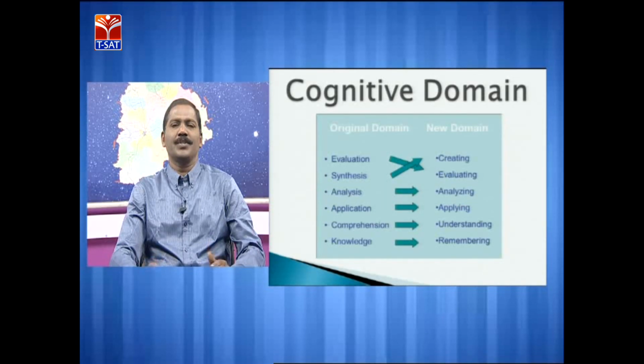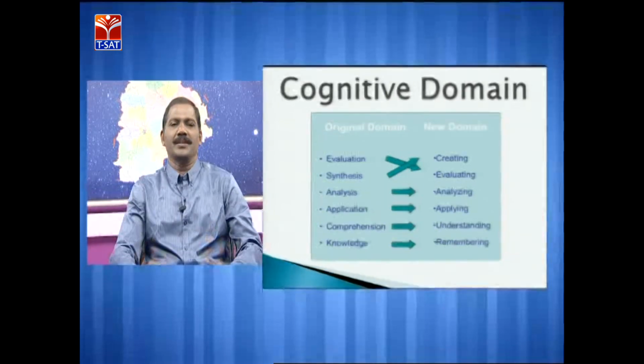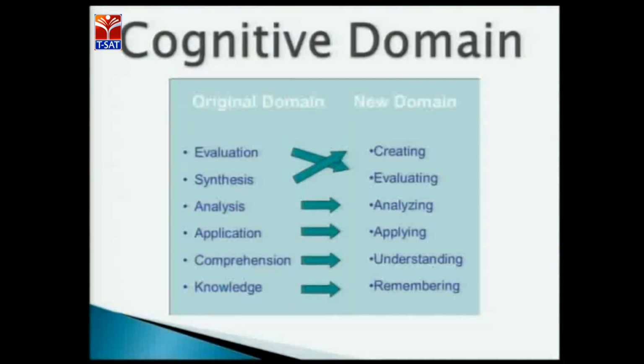So if you look at these two, there are certain variations. We will discuss them a little later. If you look at the screen, you can see the differences between two versions: the original cognitive domain developed by Bloom and the new version developed by Anderson.